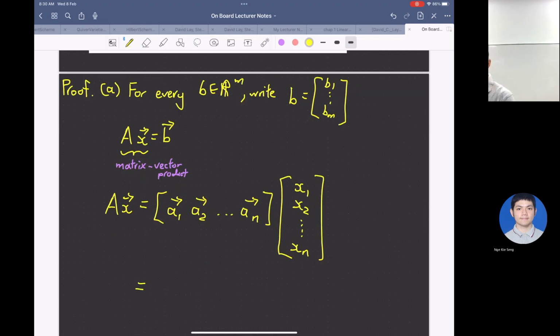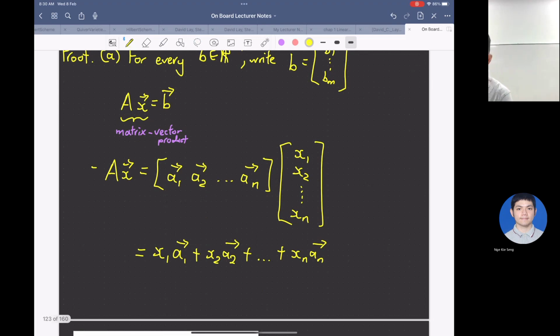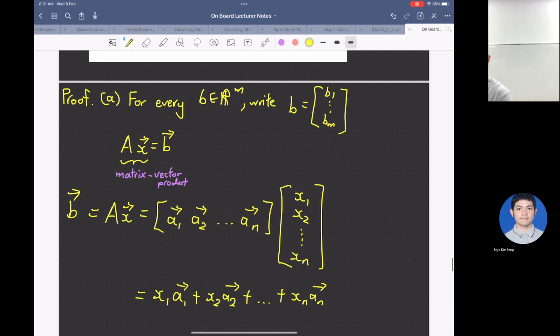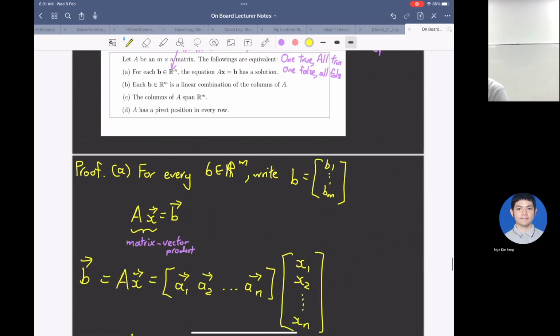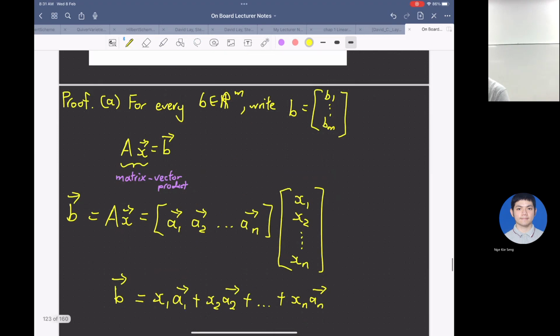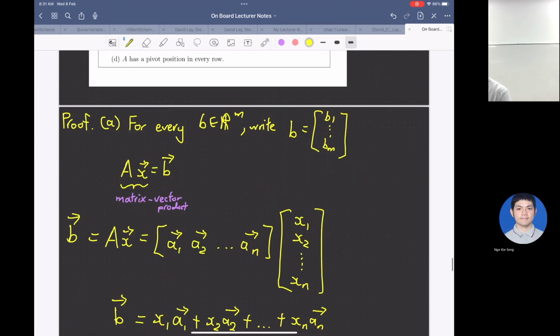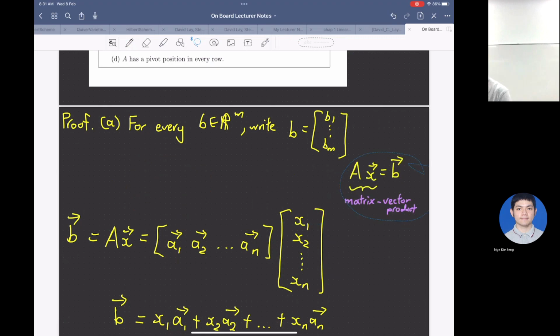So the product is a linear combination of these columns: x1 a1 plus up to xn an. Okay, this is the matrix vector multiplication, and then we want it to equal b. b is like this, b1 up to bm.